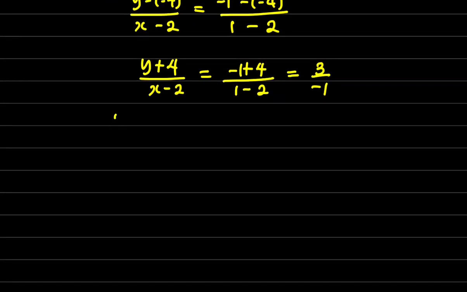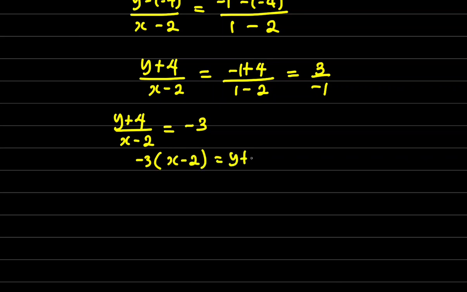So we have (y + 4) over (x - 2) is equal to -3. When you cross multiply, you end up with -3 into (x - 2) is equal to y + 4, so that you have -3x + 6 is equal to y + 4.